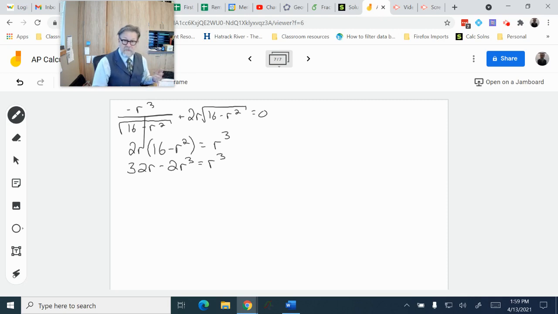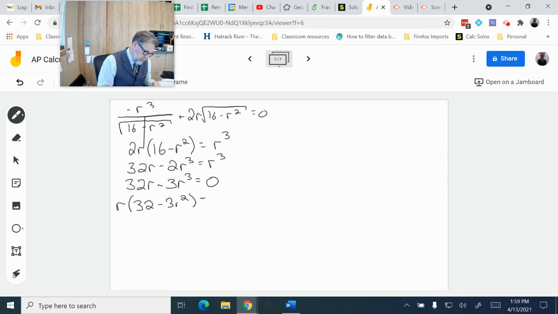Clearly, I can see that I probably need to bring my r cubed back. 32r, I will subtract it from both sides, minus 3r cubed is equal to 0. Factor out an r, and I get 32 minus 3r squared is equal to 0, which means that the radius is 0 or plus or minus the square root of 32 thirds.